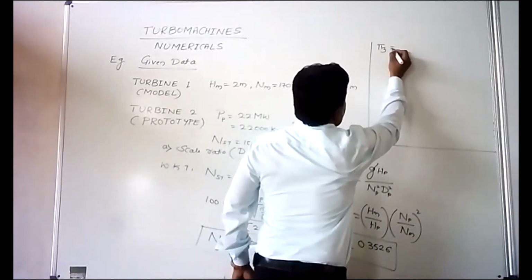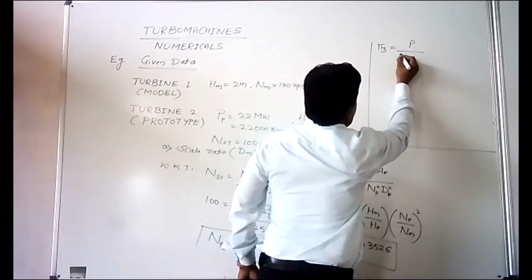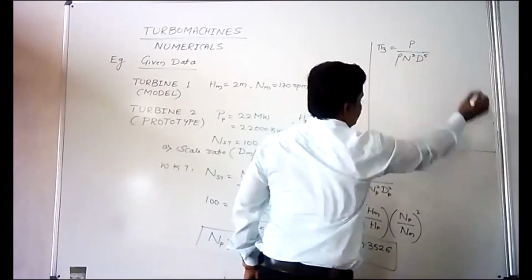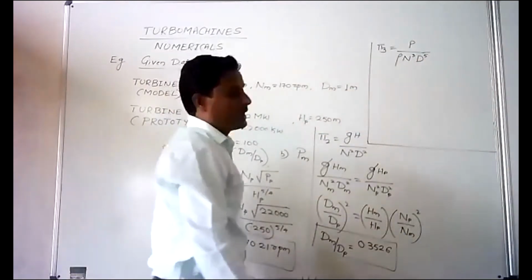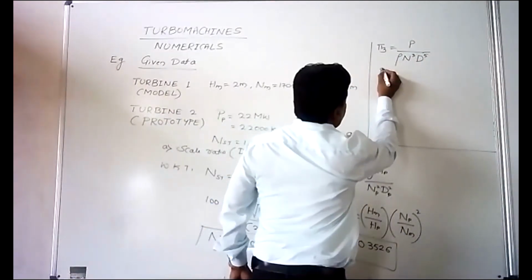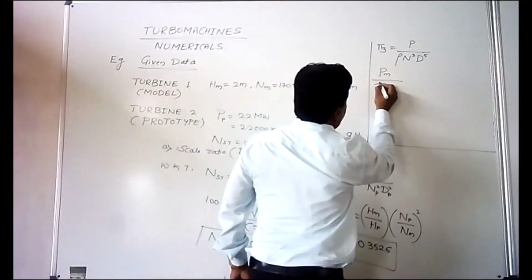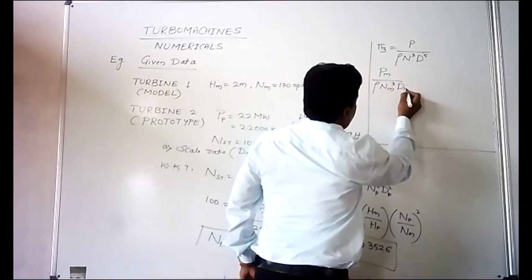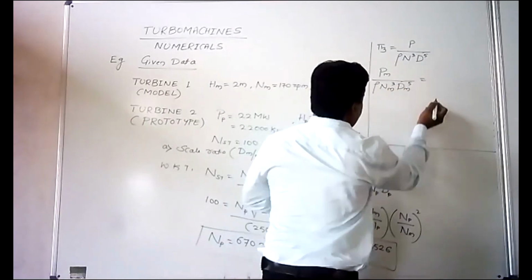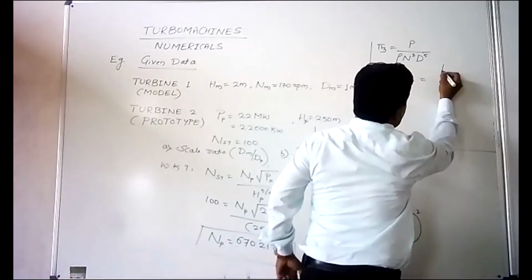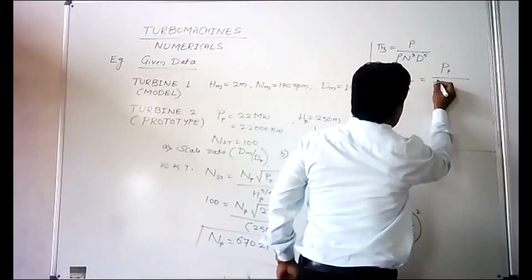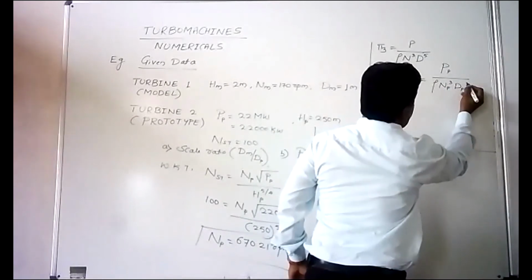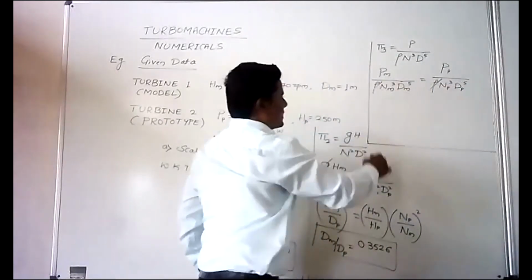Phi 3 equals P divided by rho n cube d to the power 5, for model and prototype. Pm divided by rho n cube dm to the power 5 equals Pp divided by rho n cube dp to the power 5. Rho will get cancelled.